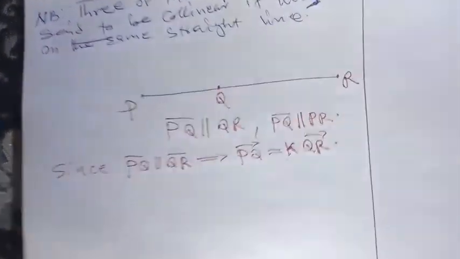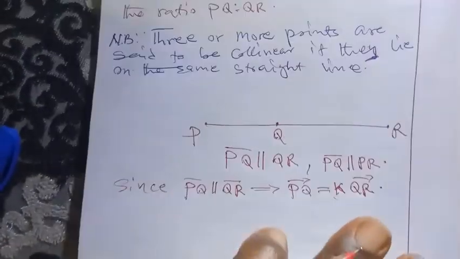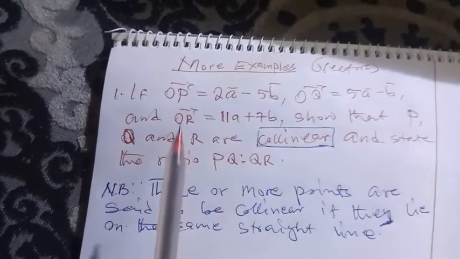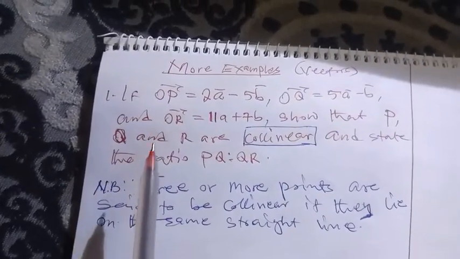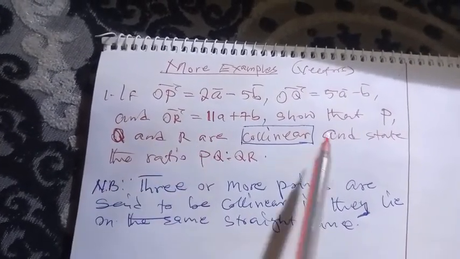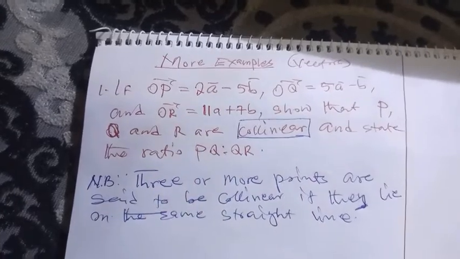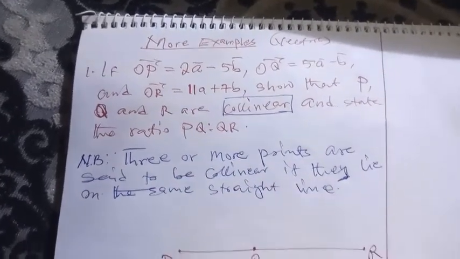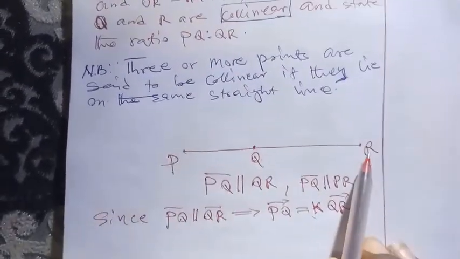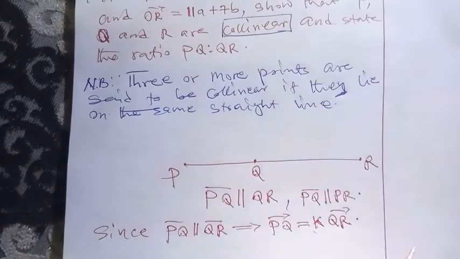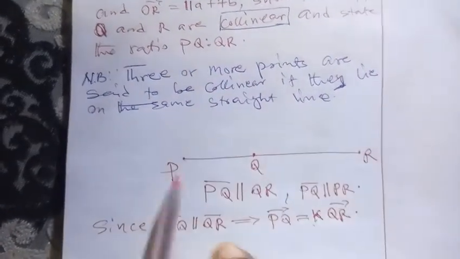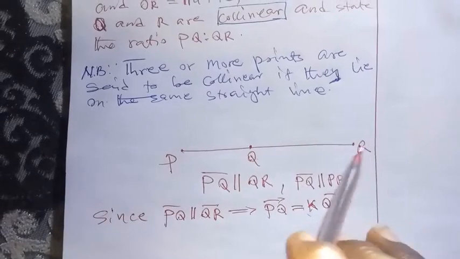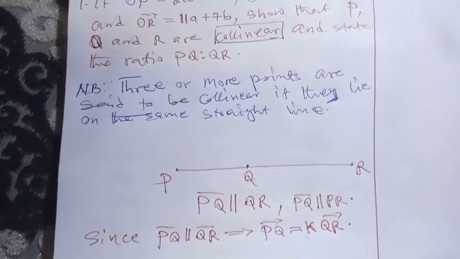Now I want to show that P, Q, and R are collinear given these vectors. To show that they are collinear, let me see if one is a multiple of the other. If PQ is a multiple of QR, that is essentially what I'm going to show.